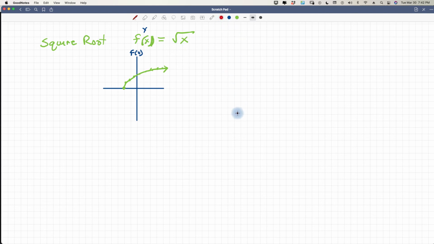Let's do, I think there's one more. There is. Now you have an absolute value function. We know what absolute value is, right? Absolute value. And it makes perfect sense when you think about it. That is where the function f of x equals the absolute value of x.